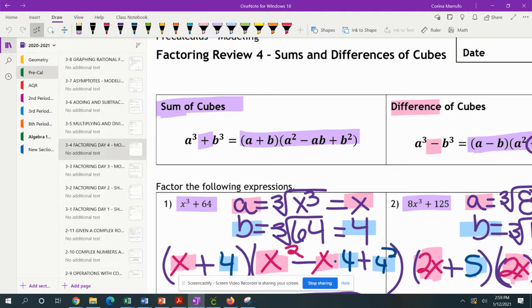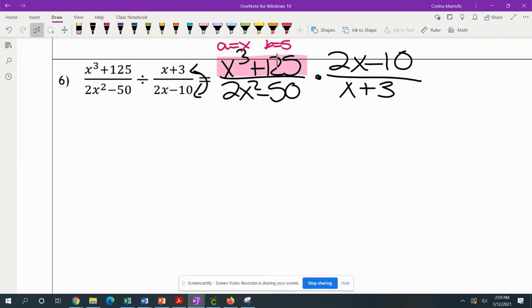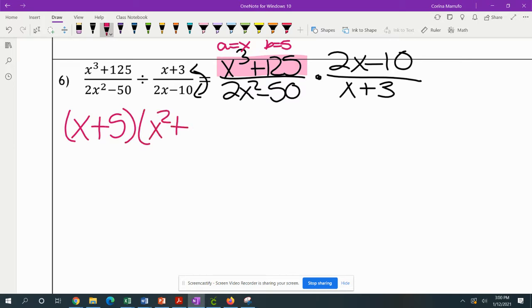So when I factor this, it's going to be a plus b, so x plus 5, and then a squared, so x squared, minus a times b, so minus 5x, and then plus b squared, so plus 25, because b is 5, so 5 squared is 25.